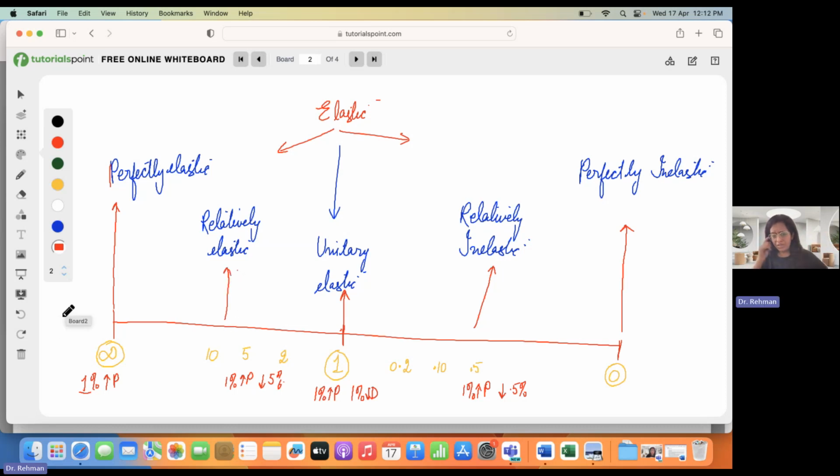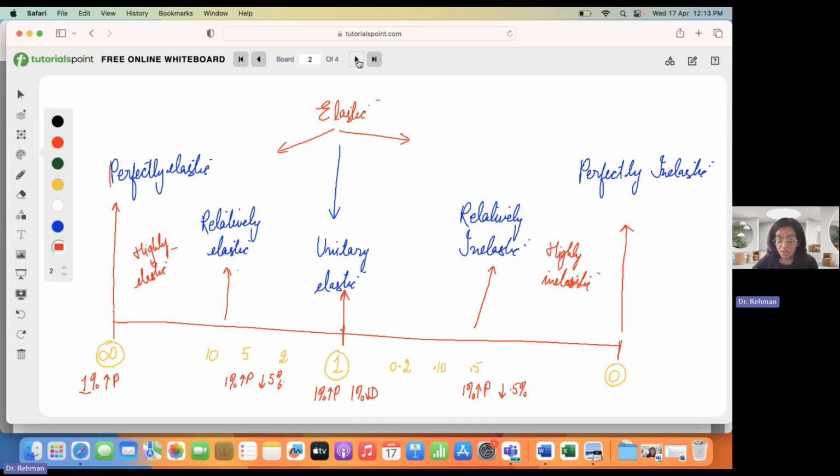Sometimes people also use words like highly elastic, anything after 5 is called highly elastic, and highly inelastic. I would request you to use the word relative more than the word highly, because this is more formal. So this is elasticity of demand, price elasticity of demand, how demand responds to prices.